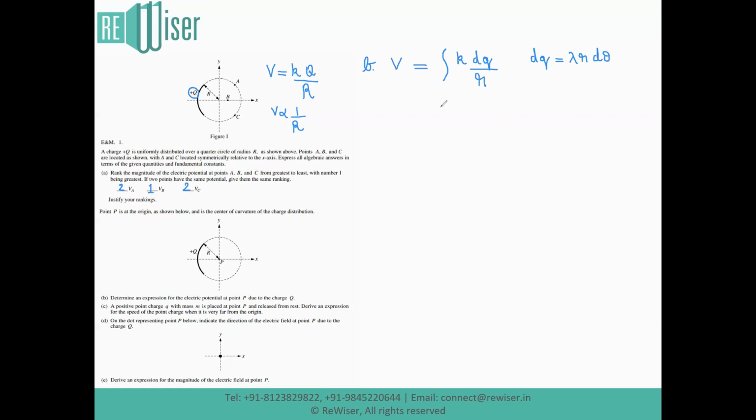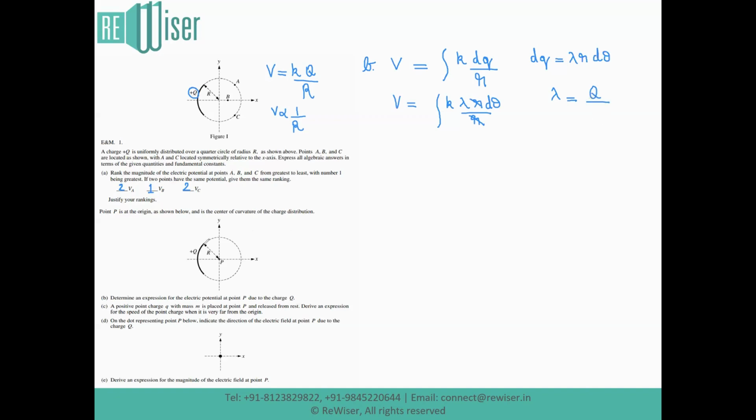So I can rewrite this equation as V equals integral of K into lambda into R into d theta by R. R and R cancel each other. And I know that lambda is a linear charge density, which I have assumed to be the total charge Q divided by the total length.